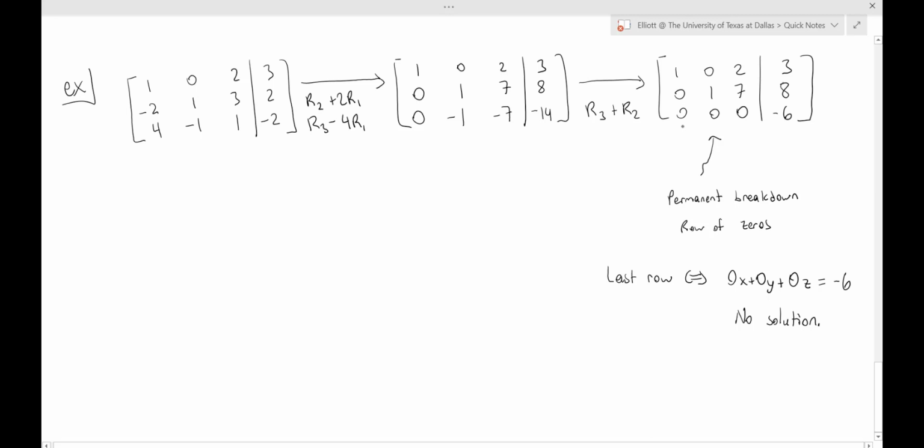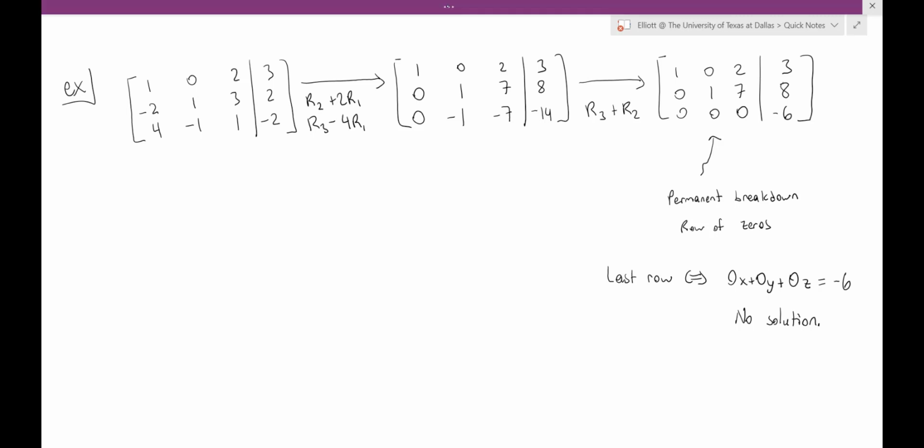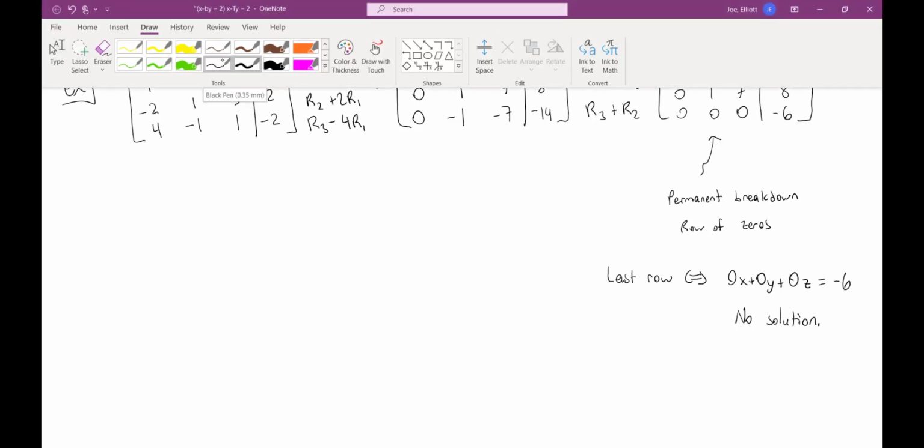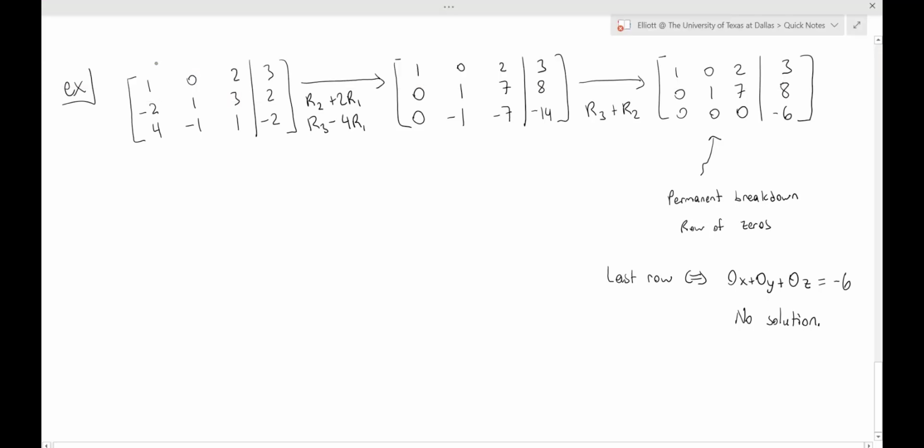Now, just because you get a row of zeros doesn't mean that there was no solution. Okay. So let's say that instead of having a negative 2 here, let's pretend that negative 2 was a 4 instead. Okay. So if that negative 2 was a 4, let's see what would have happened.